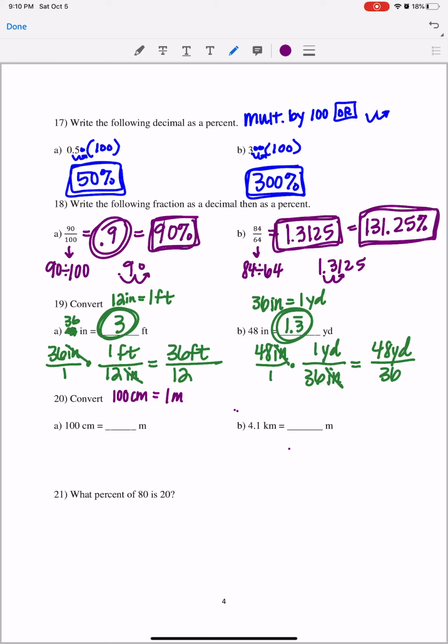So again, because that's literally what the problem is, let's change our problem. So instead of that being 100 centimeters, we're going to make this 440 centimeters. So you can use your unit conversion.